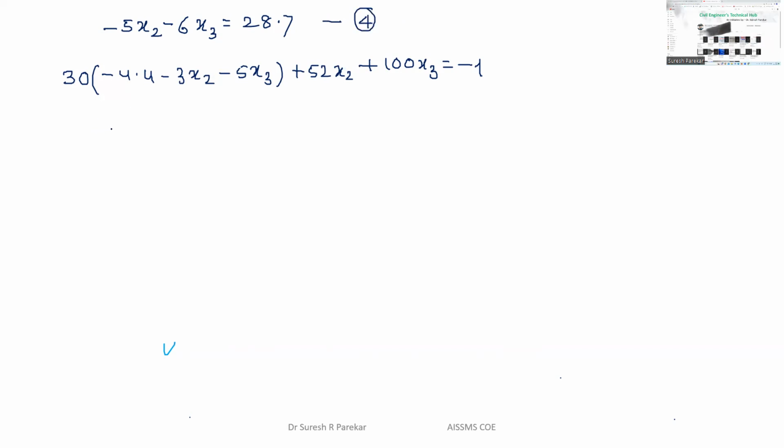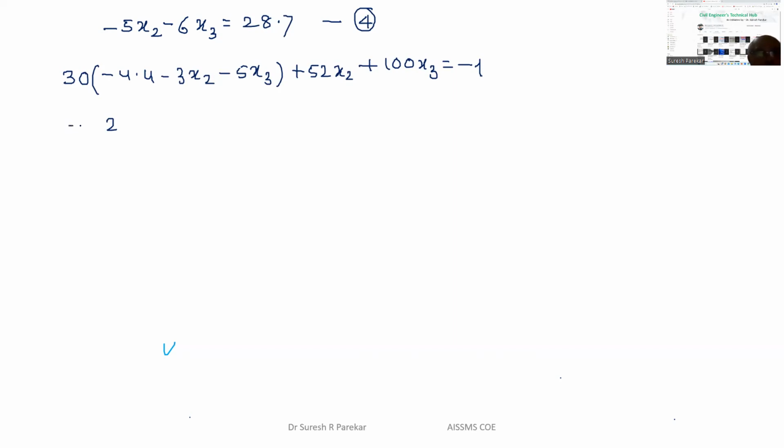So we have this value, that will be 44 into 3, that is 132.